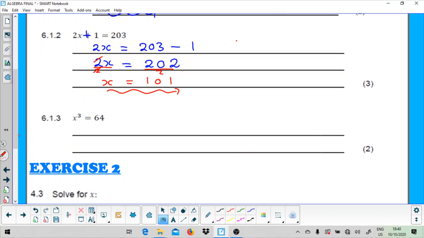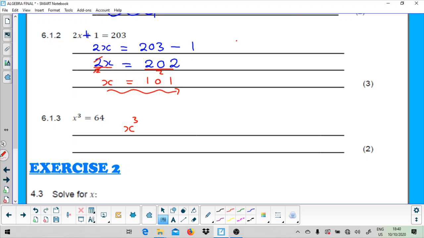Okay, what about here? Now, these were exponential equations, but you were supposed to handle them as well. Now, the way you do these ones is you try to make either the same base on both sides, or you can try to make the same exponent. So in this situation, because x is the base, you cannot change 64 into x to the power something.